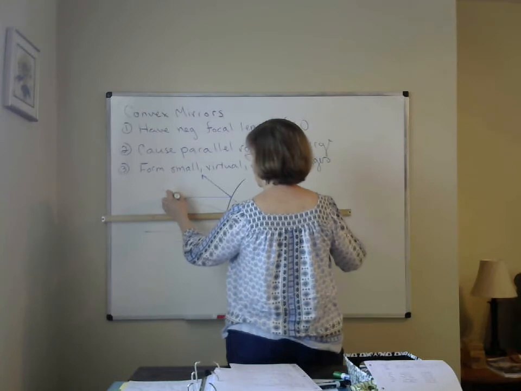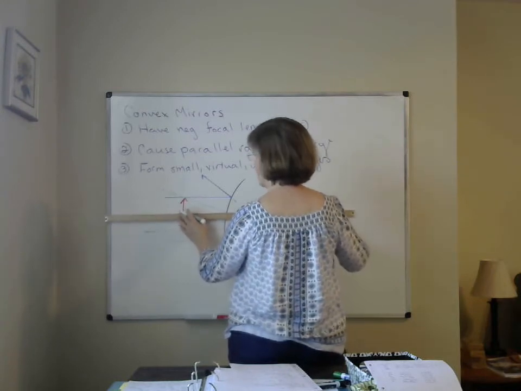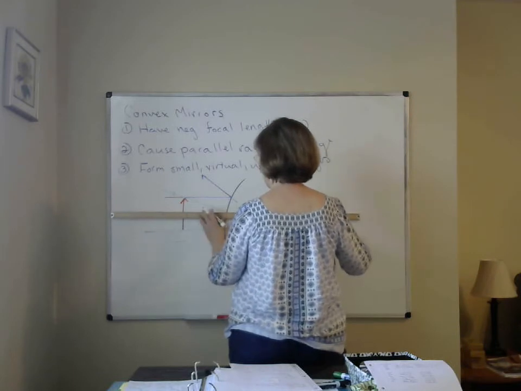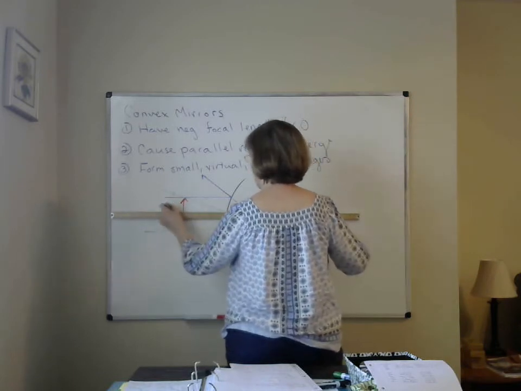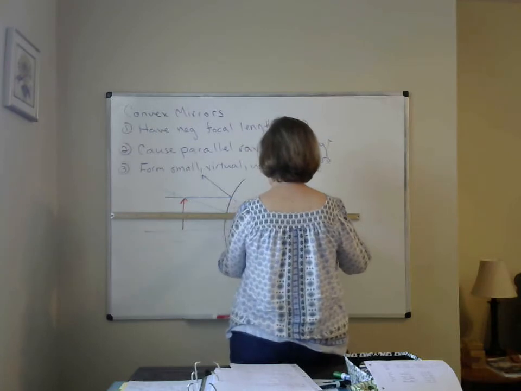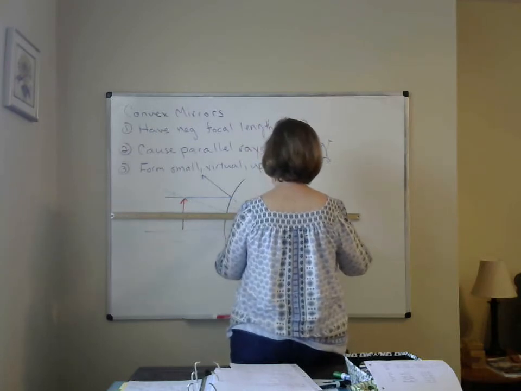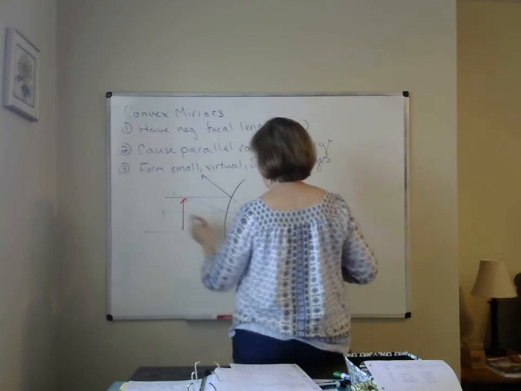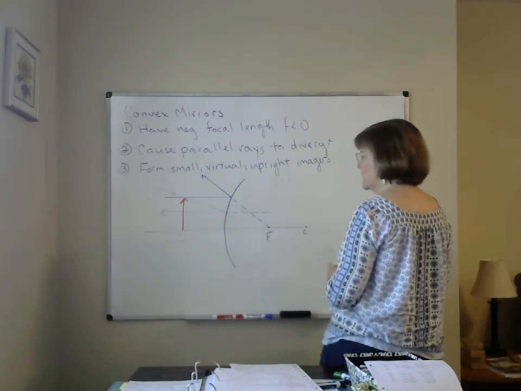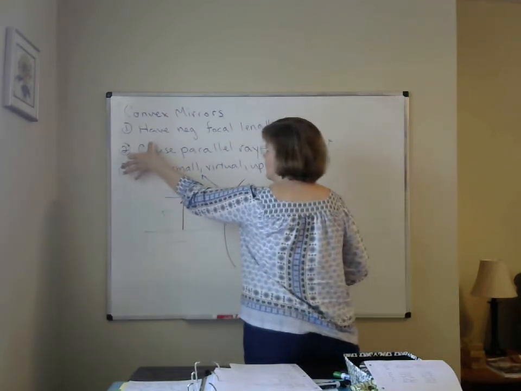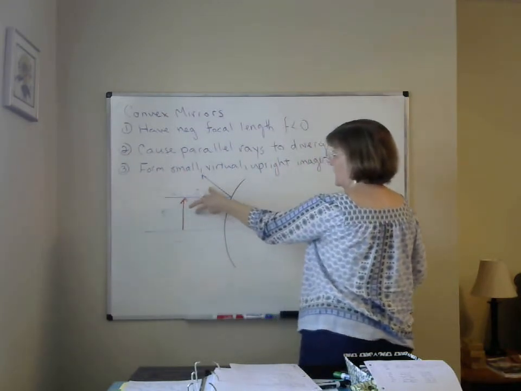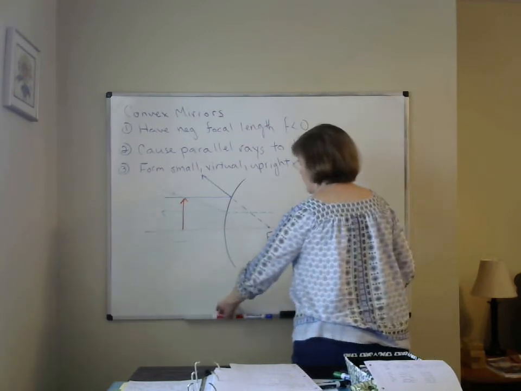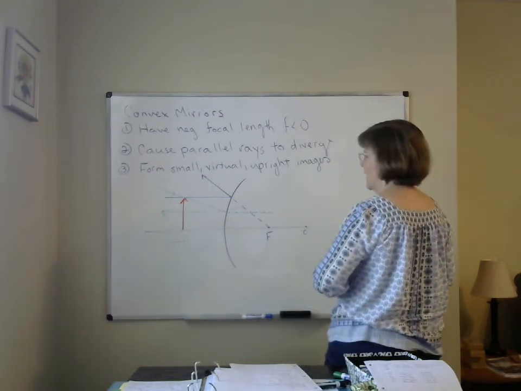So it's coming in like this, but when it hits the mirror, it reflects like this. You can see that if you're the observer out here and your brain is tracking these rays back, it appears as if the object's right here.